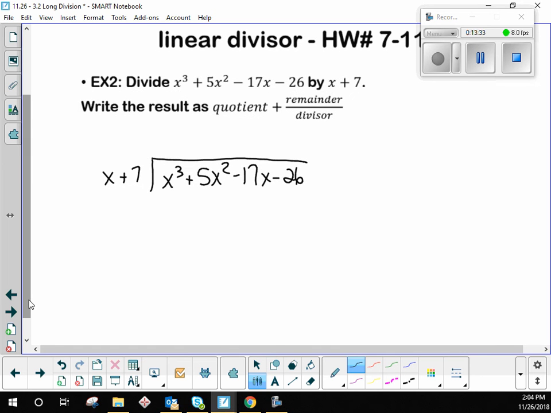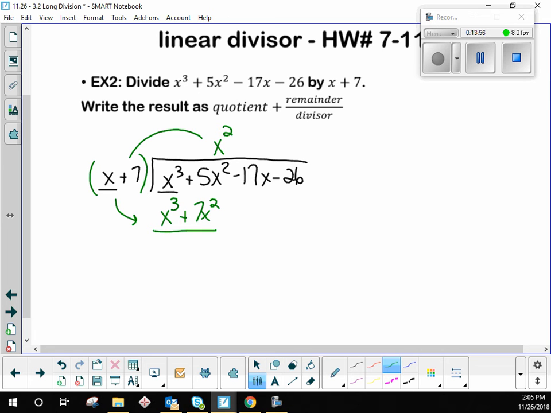We're starting with our first terms, x and x cubed. x times what gives me x cubed? x squared. Where do I write that over? The 5x squared, right? I'm going to take that and multiply it by everything here, and then write it down here. So that gives me x cubed plus 7x squared.